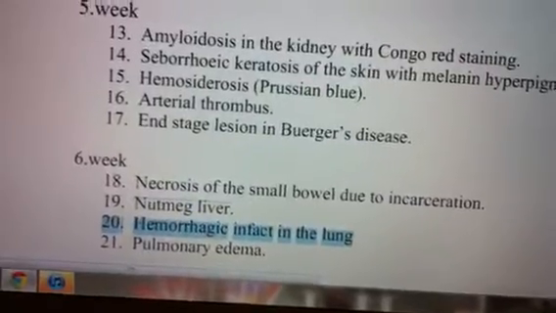So we're supposed to see hemorrhage, or here we are, right? Yeah, and it is pretty visible here. This is the lung, these are the alveoli.